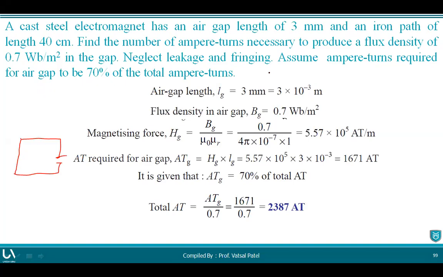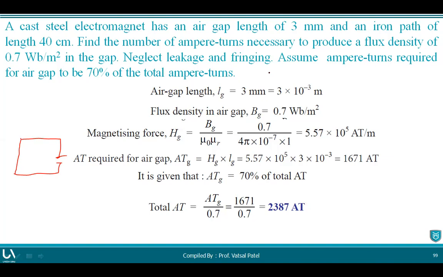Okay, so in this example, the first statement says that we use cast steel material as the electromagnetic material, the air gap length is given as 3 mm, and the iron path length of 40 centimeter is given here.